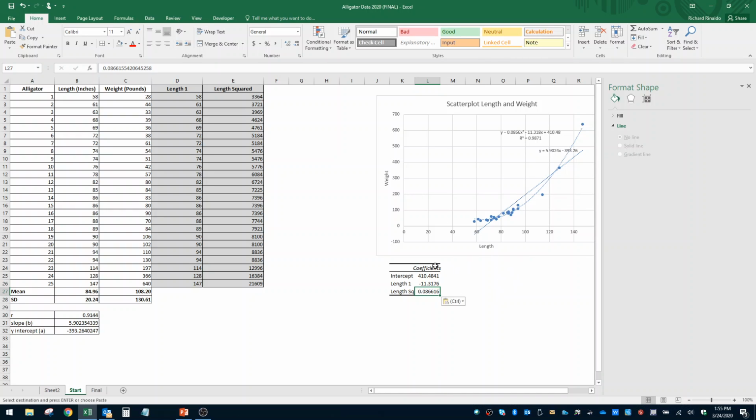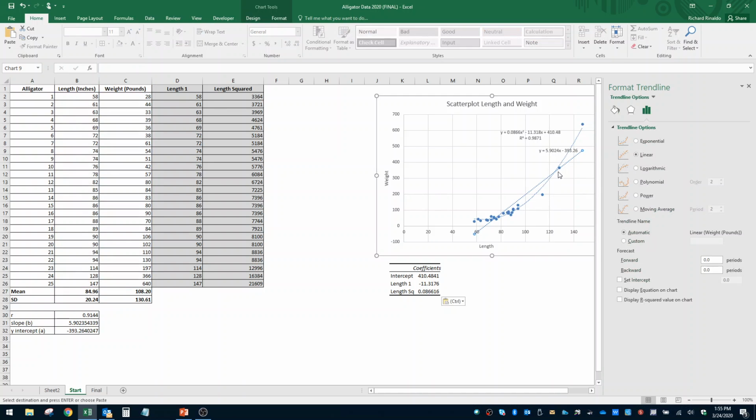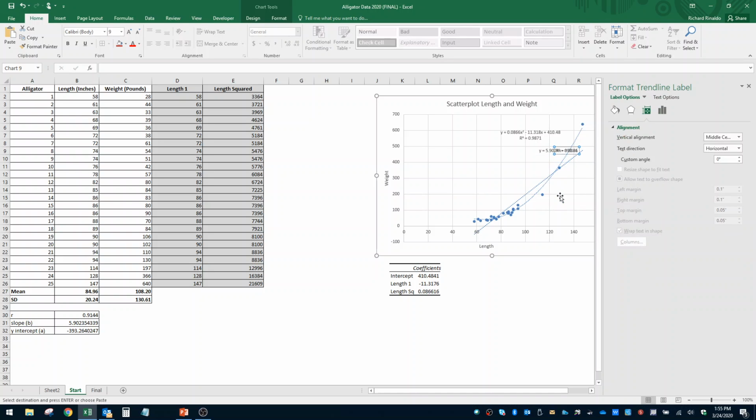And what I can see here is the R squared for the simple linear, which is wrong to do because I can see it doesn't fit very well, is 0.83. The R squared for the quadratic is 0.987.